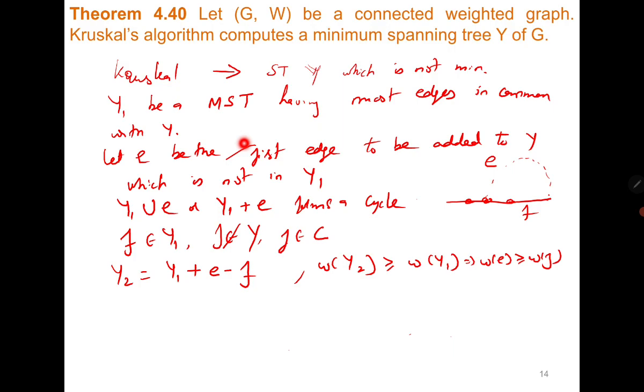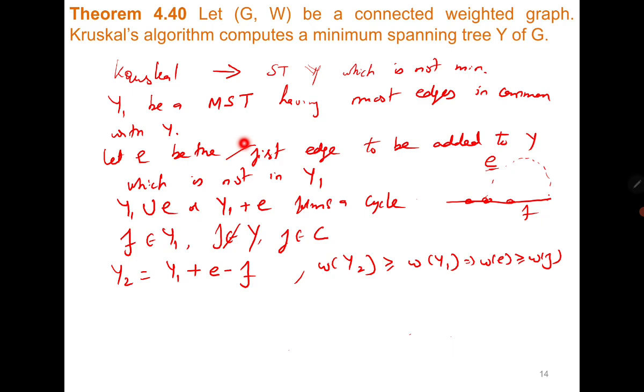At the same time, observe here that E is the edge, so there is a cycle in the original graph. In this cycle there is an edge E, there is an edge F. And now when Kruskal's algorithm works, it picks the minimum weight edge.